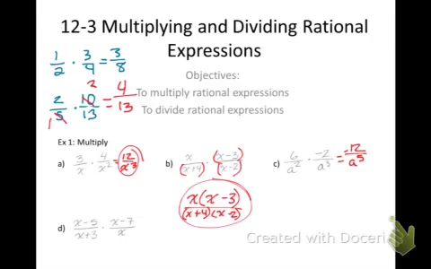D. Again, sets of parentheses around all binomials. Okay. Can I reduce anything on the top that's the same on the bottom? No, so you just multiply across.